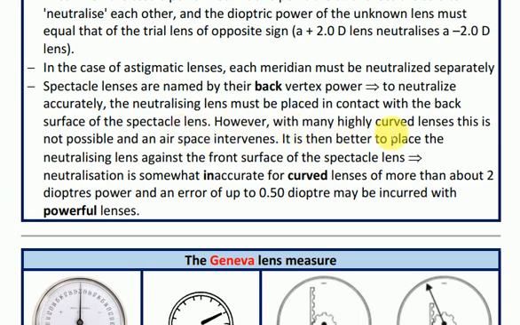However, with many highly curved lenses, this is not possible and an airspace intervenes. It is then better to place the neutralizing lens against the front surface of the spectacle lens. Neutralization is somewhat inaccurate for curved lenses of more than about 2 diopter power, and an error of up to 0.5 diopter may be incurred with a powerful lens.